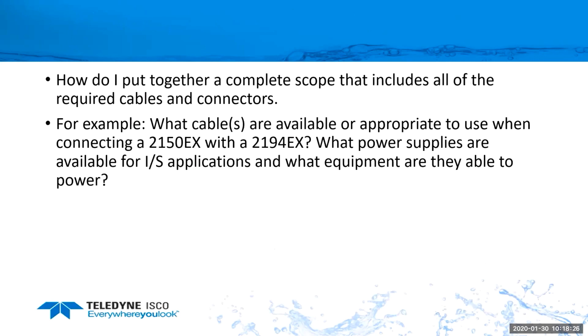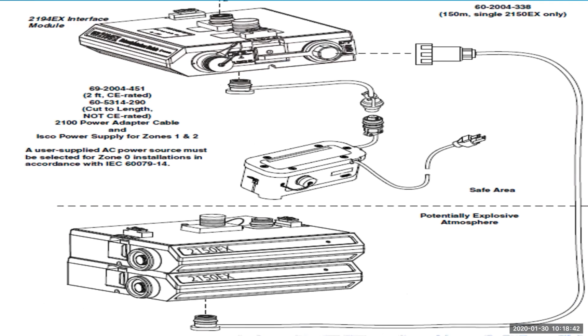All right, another question that came in is how do I put together a complete scope that includes all the required cables and connectors? For example, they have an ISCO 2150EX with the 2194EX. With that, you could go to the ISCO website and download the 2150EX manual, and they have this example in there showing all the parts and cables, and how it goes together.